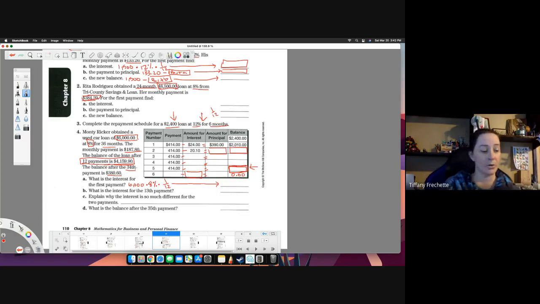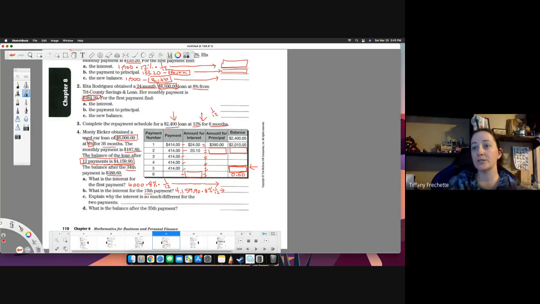So we know what our principal is here. This is the amount we're paying on right now. We're still paying 8% on it, and we're still looking for a single payment. We're not looking for all 13 months together, just the 13th month. So 1 out of 12 again. And that'll tell you how much interest you're paying on that 13th payment.